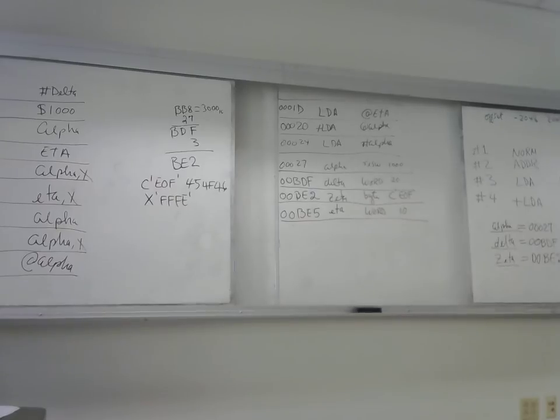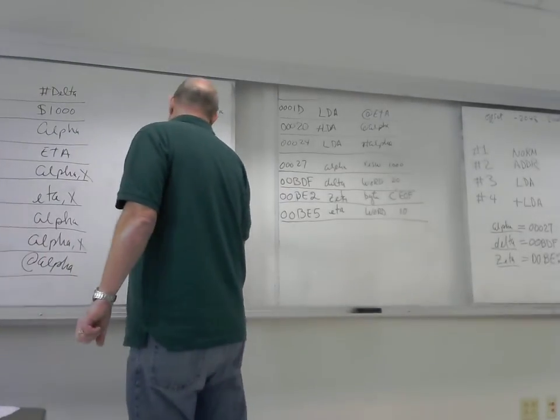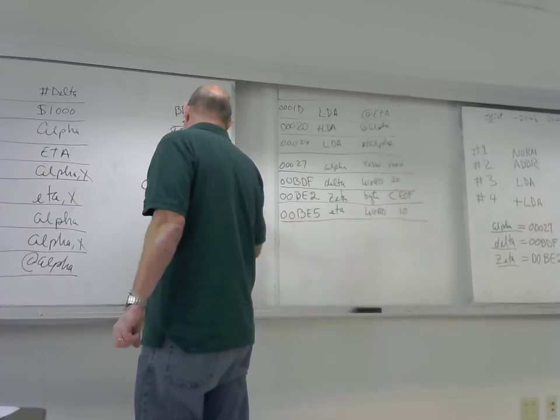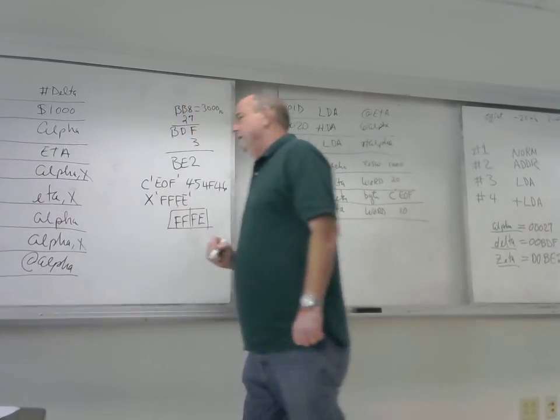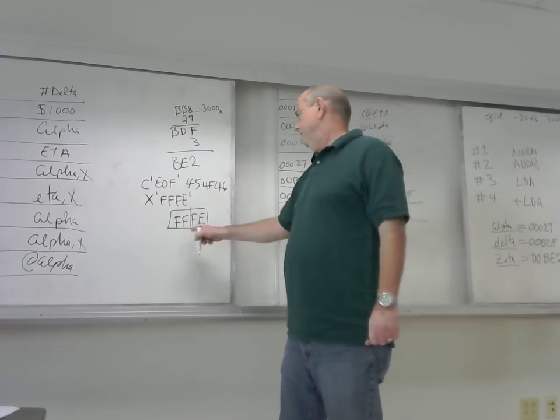Now A is 41, and B is 42, and C is 43, and so on. Questions? Are we good? This is the hexadecimal value, and this gives you 2 bytes, 1 word in memory. FFFE.